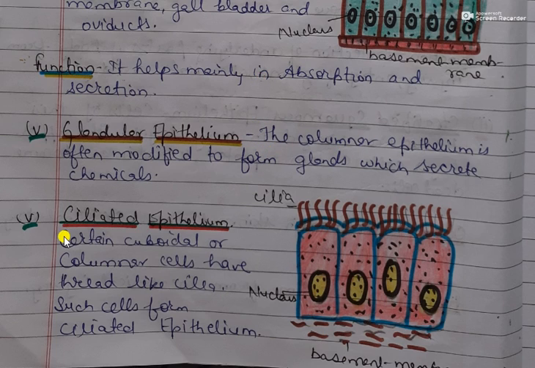Now the next type of epithelial tissue is ciliated epithelial tissue, or ciliated epithelium. Certain cuboidal or columnar cells have thread-like cilia. Here you can see in the diagram these thread-like structures, they are known as the cilia. So if thread-like structures are present in the cuboidal or columnar epithelial cells, then ciliated epithelium will be formed.